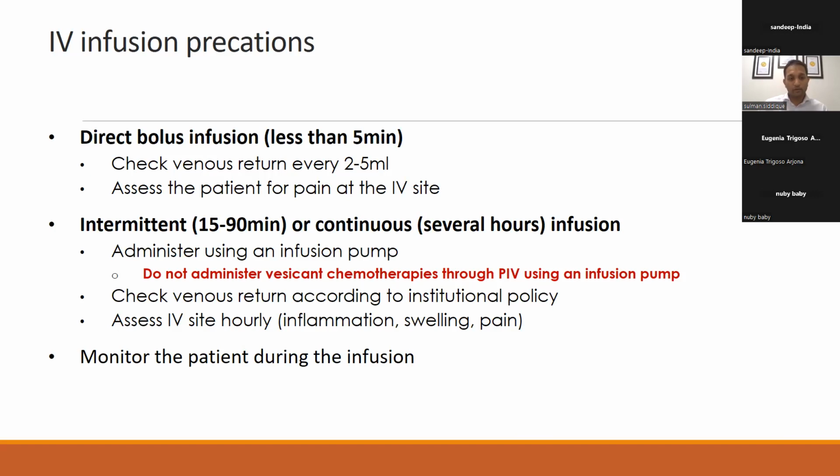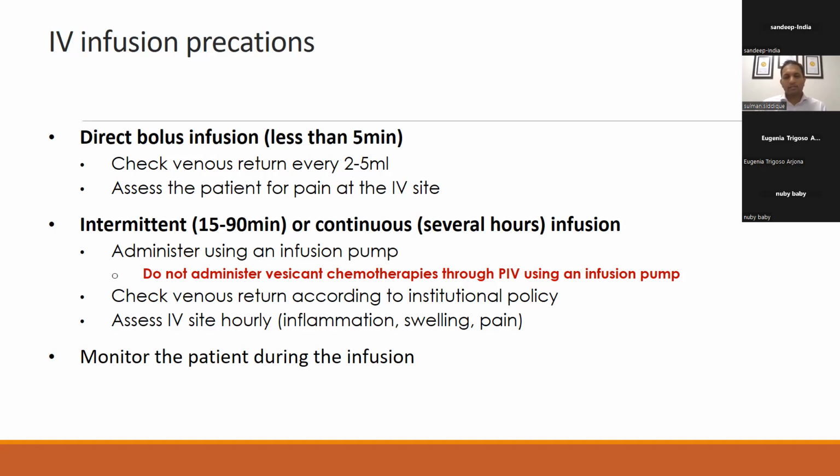Intermittent infusions of 15 to 90 minutes, or continuous infusions for several hours, are always administered using an infusion pump. And there is a word of precaution here, highlighted in red. Do not administer vesicant chemotherapies through a peripheral line using an infusion pump.